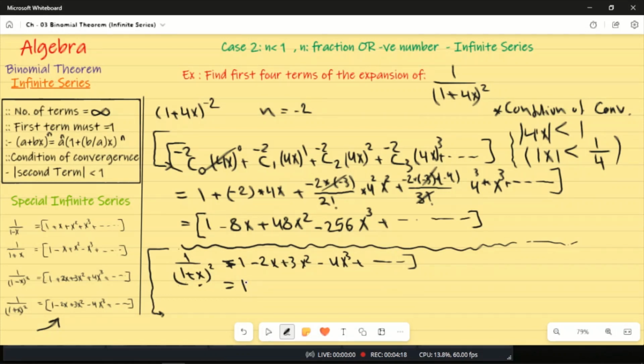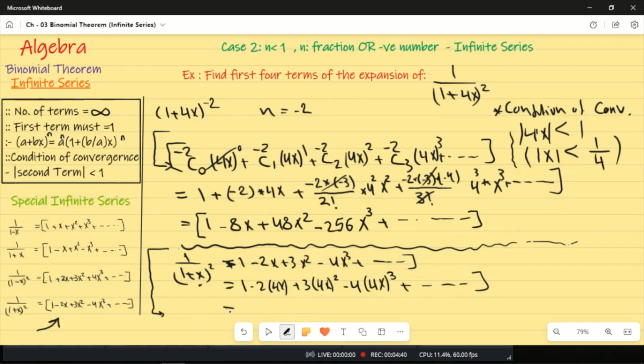So we have here 1 minus 2 into 4x plus 3 into 4x squared minus 4 into 4x cubed plus.